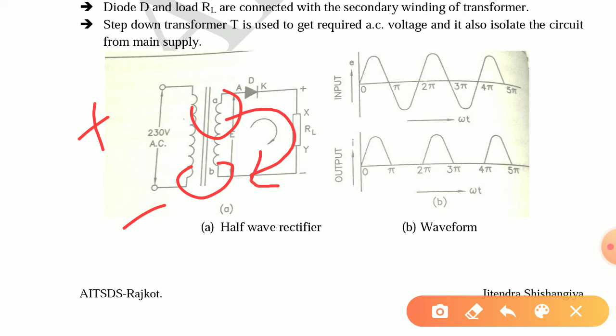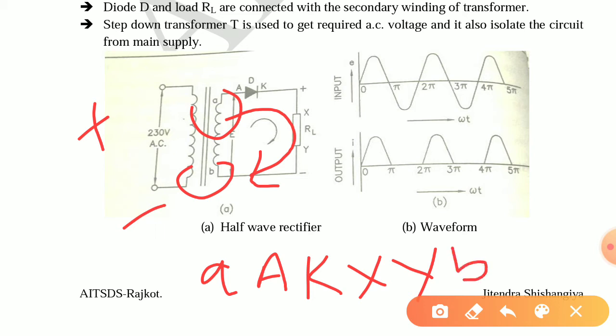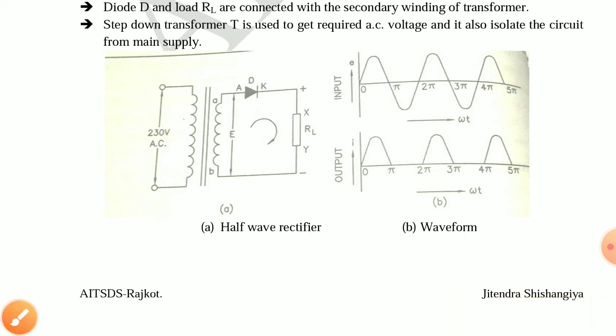Current will flow from terminal A to the anode, cathode, load resistor X, Y, again point B and point A. During the positive half cycle of the AC, the output is available. So the output wave shape follows the input wave shape. This is how the diode works during the positive half cycle.